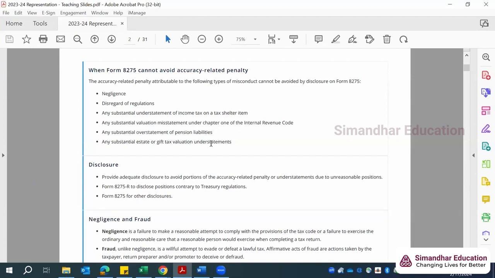So even though you file a disclosure form, there can be a penalty if you are negligent. So now we have to understand what is the definition of negligence. What do you understand by the word itself?